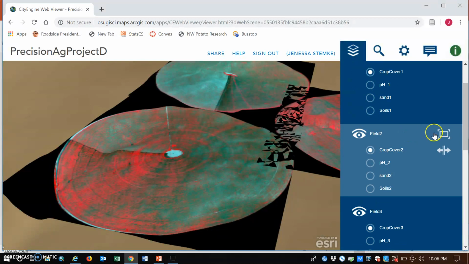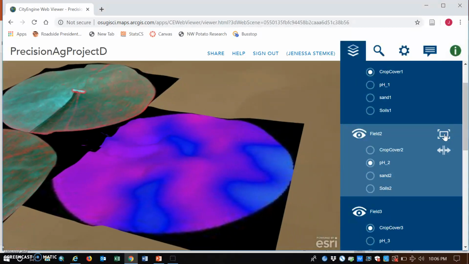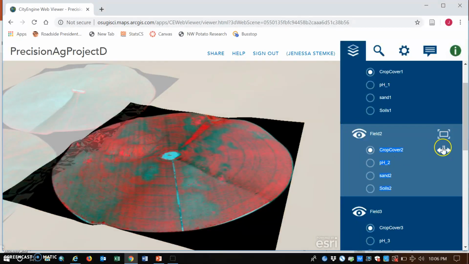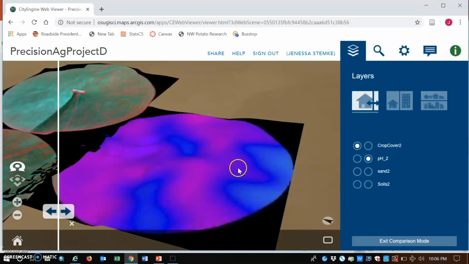I would like to do an inverse or a weighted layer analysis. Right, so let's look at field 2. Okay, there we go.